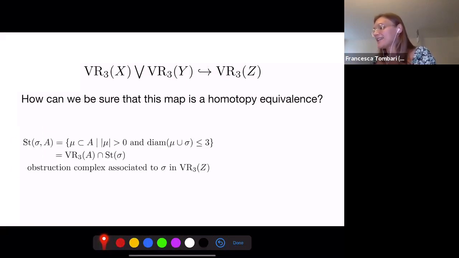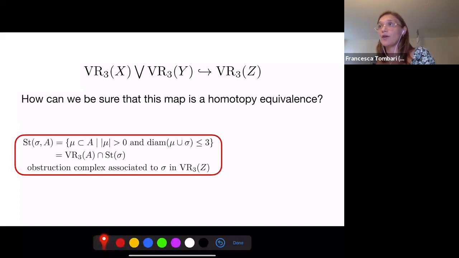So I claim that the answer to this kind of problem is strongly dependent on these sets here that I define.